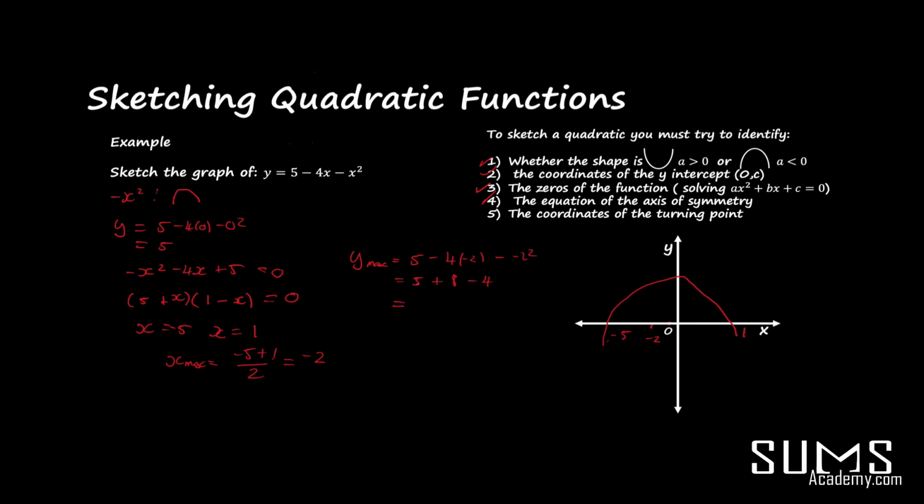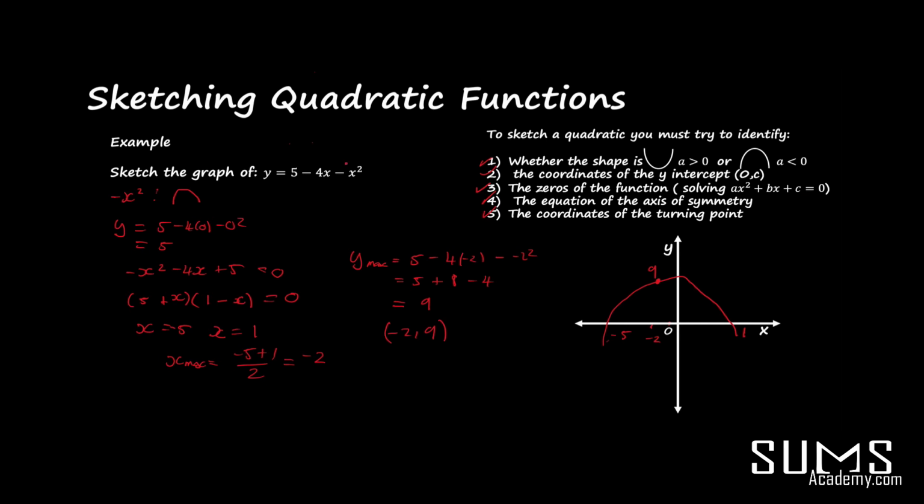This becomes 8 take away 4 is 4, so 5 plus 4 is 9. So our maximum turning point is at 9. The coordinate of the turning point is minus 2, 9. Then we just draw that on here. That is everything, all 5 things that you need for this question.